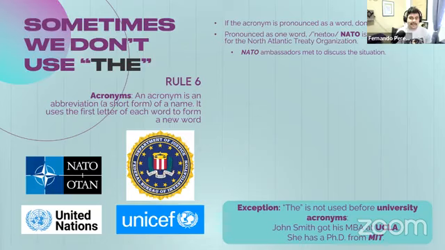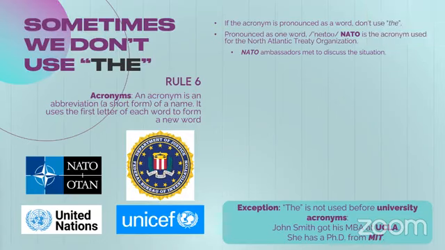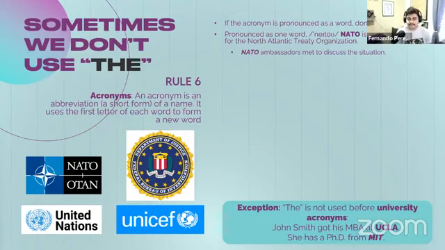Okay, if the acronym is pronounced as a word, don't use that. So when do you think we use that, guys? When do we use the article? When you spell it. Perfect.